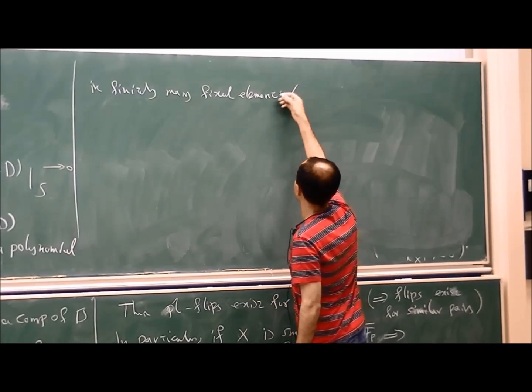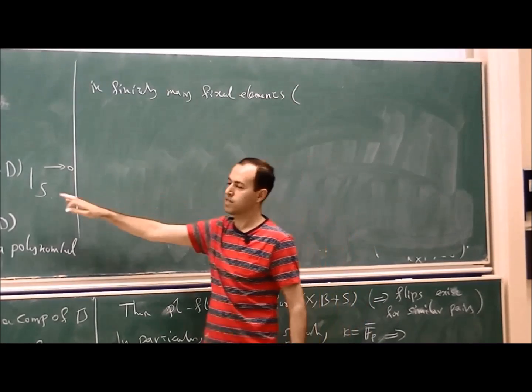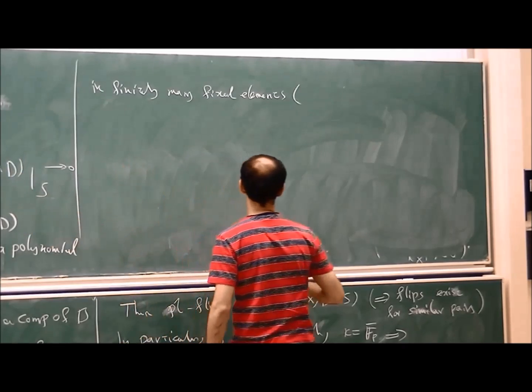So essentially, these elements will give you the generators of the restriction.